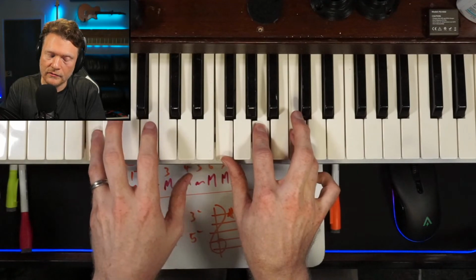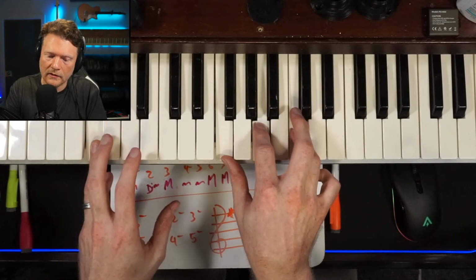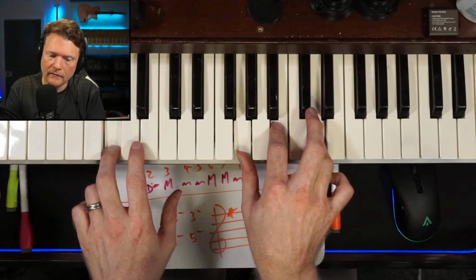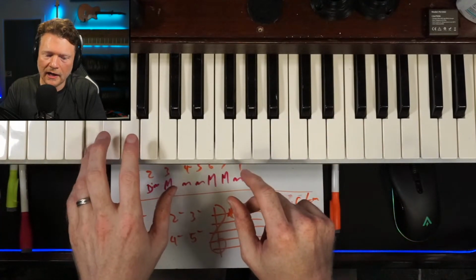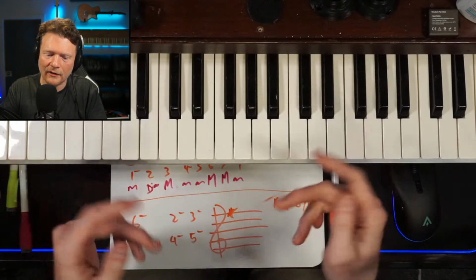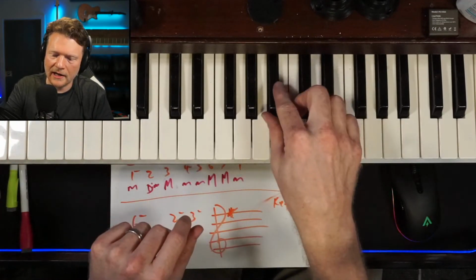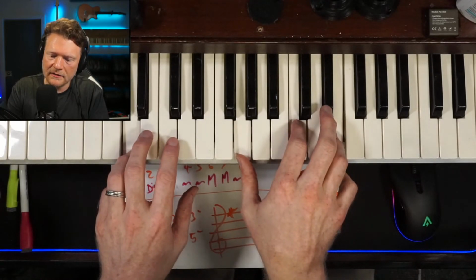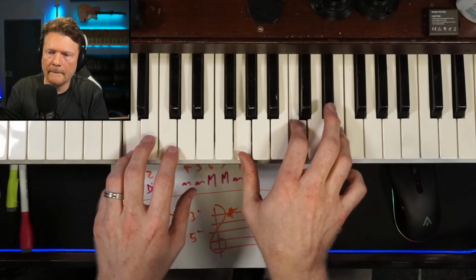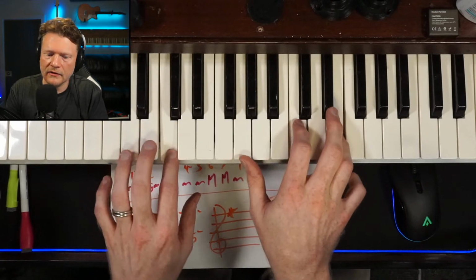Then you could go to, if you're thinking on the major side, the 4 and then the 5. So again, you're going to have these in here. That's why I don't think of it too much in terms of the minor side. So thinking of it just in major terms, I'm going to be thinking of the minor 6 to the 1, back to the 6.